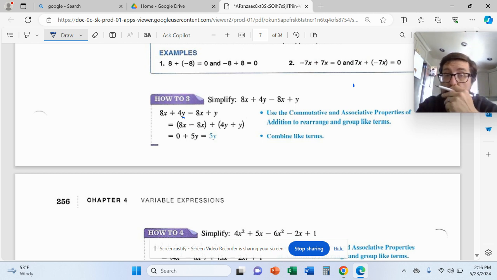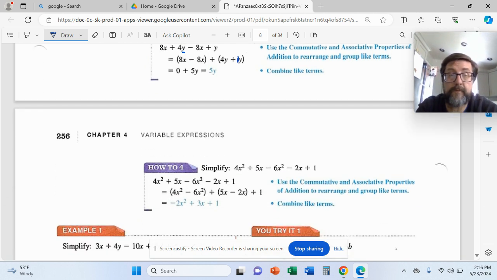I don't really see that being necessary, but you could. Then you have plus 4y plus y. Well, that plus y, you know that's always going to have a 1 in front of it. Even though they don't show it, there is a 1 when a variable is on its own.